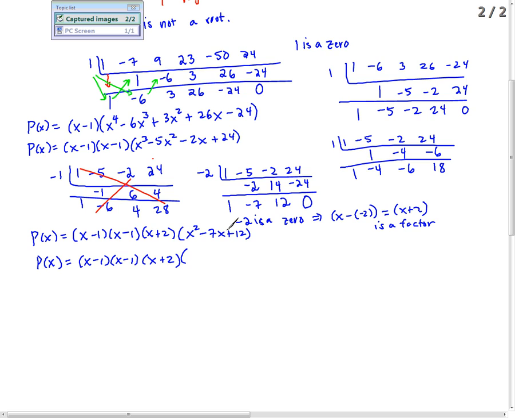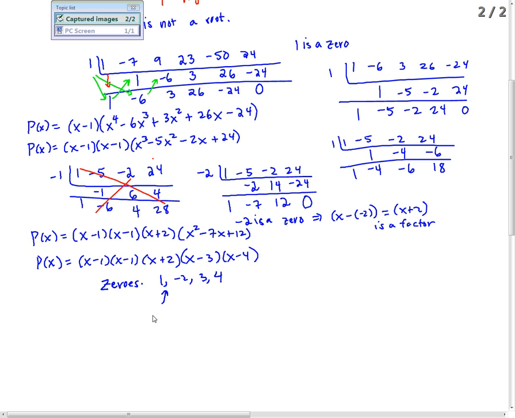This sign right here tells me signs in parentheses are the same, and I use the middle sign. And I want factors of 12 that add up to 7. So 3 and 4: x minus 3, x minus 4. So my zeros are 1, -2, 3, and 4.